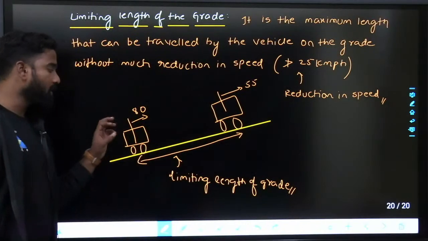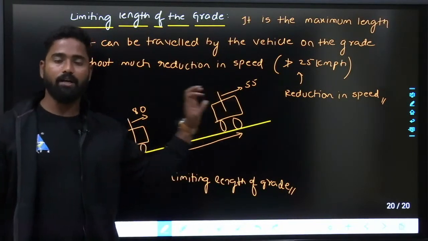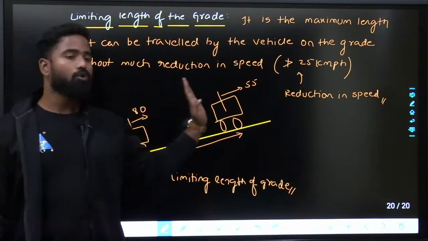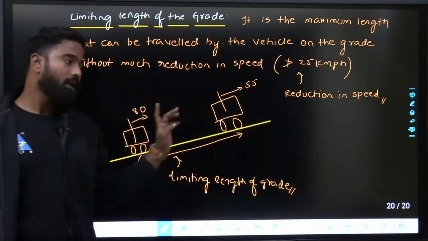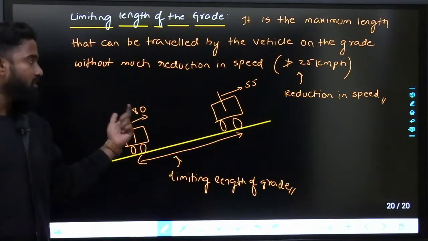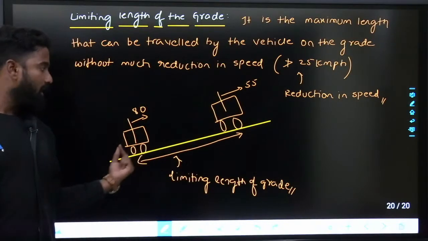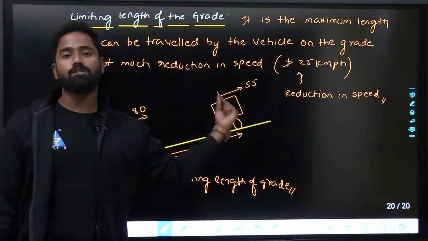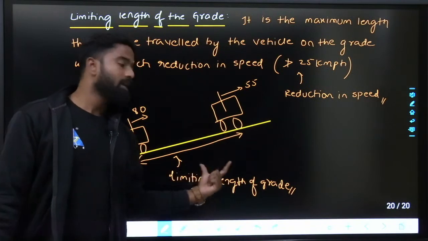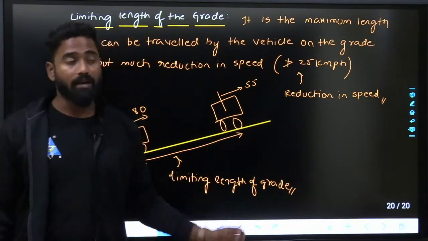So whenever the vehicle is moving on the upward gradient, the reduction in speed should not be more than 25 kilometers per hour. For example, if it is 80 and this is 55, the length traveled when the speed reduces up to 55 is called the limiting length of the grade. Any doubts in this?